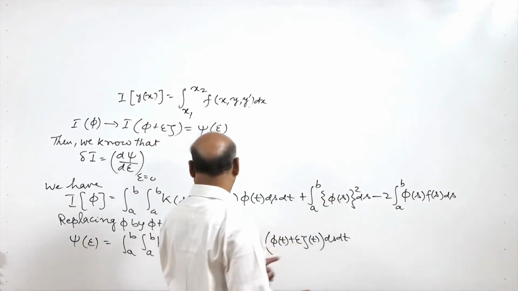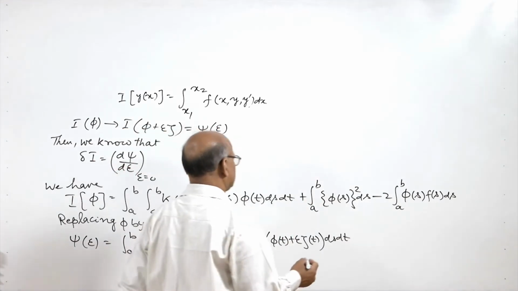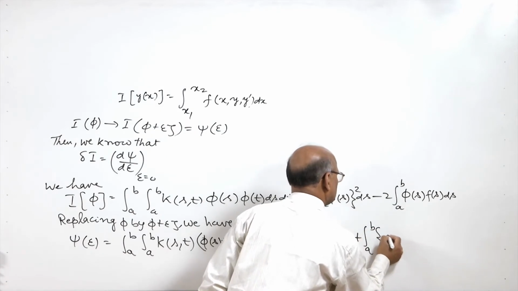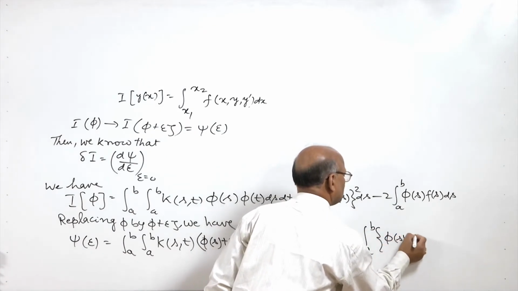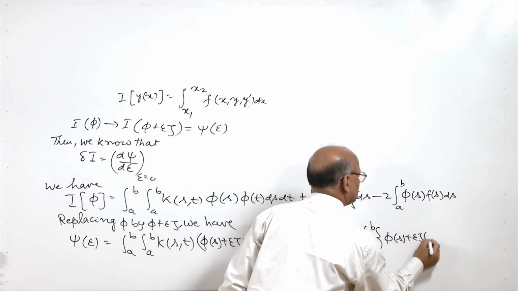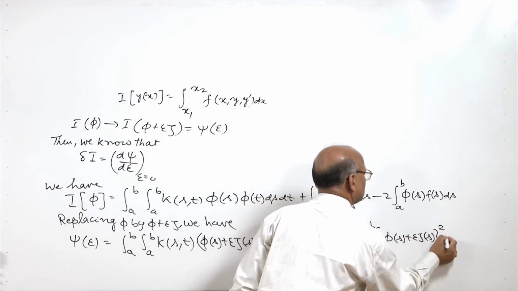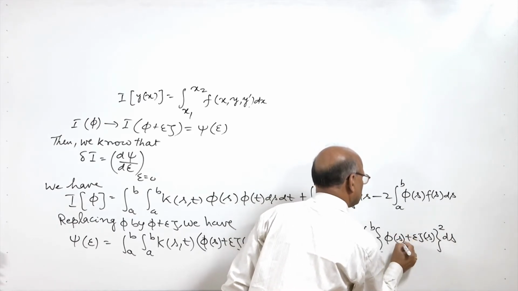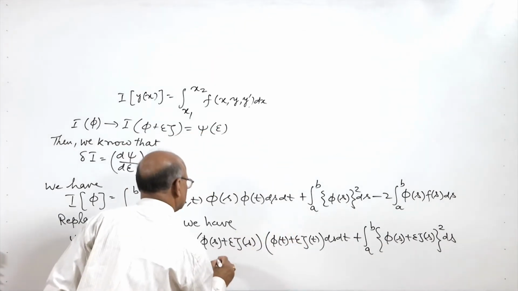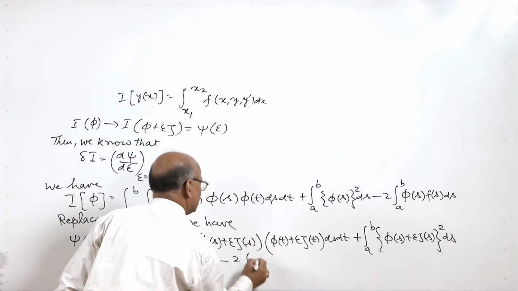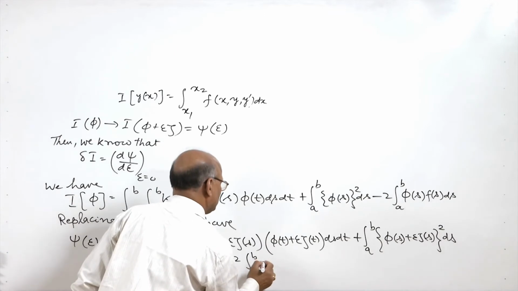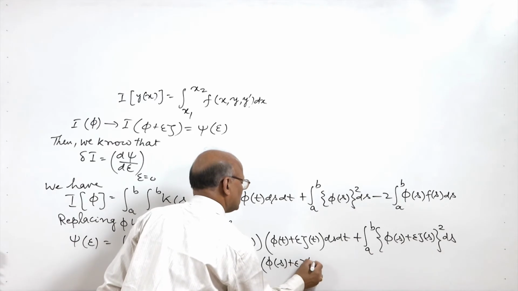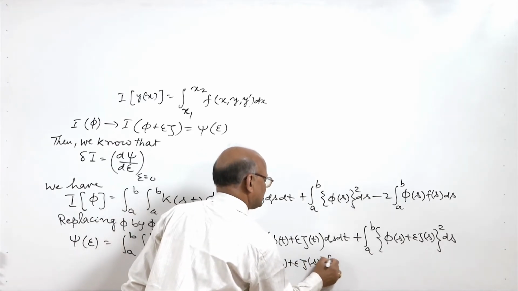Here phi(s) will become phi(s) plus epsilon zeta(s), and minus 2 times the integral a to b of phi(s) plus epsilon zeta(s) into f(s) ds.